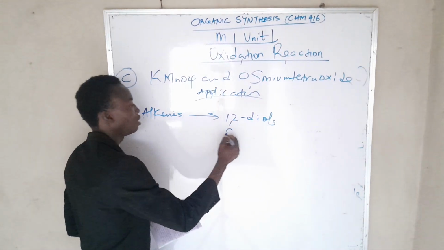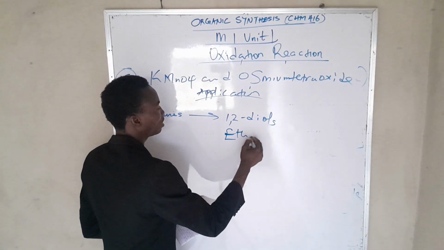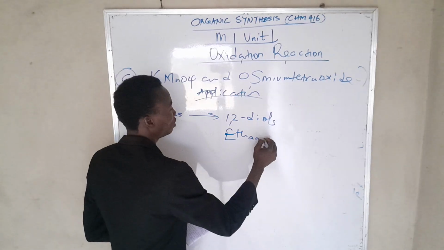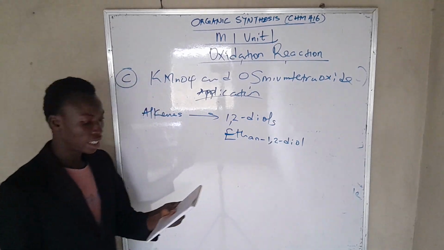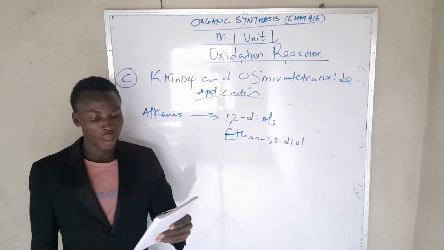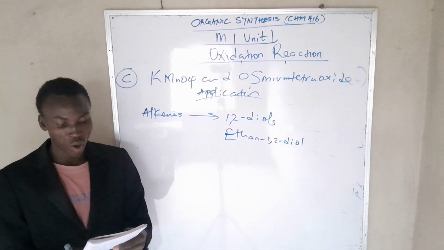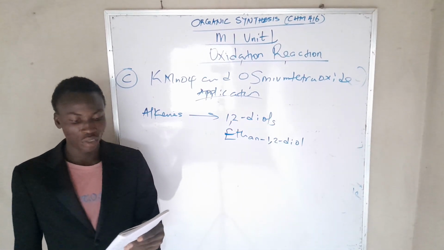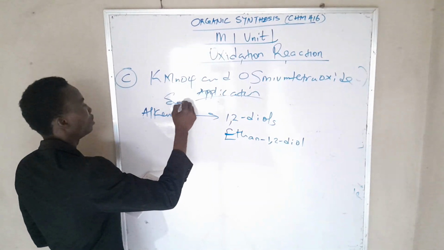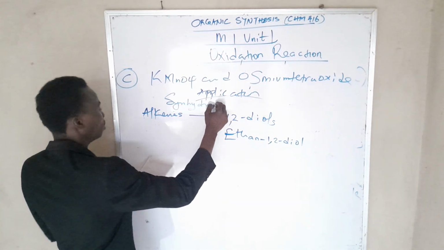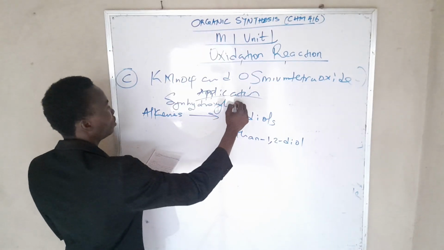For example, we have ethane-1,2-diol. That is exactly the compound we're talking about there, by a stereospecific process called syn-hydroxylation. Exactly, syn-hydroxylation.